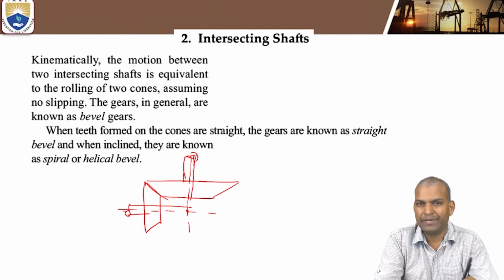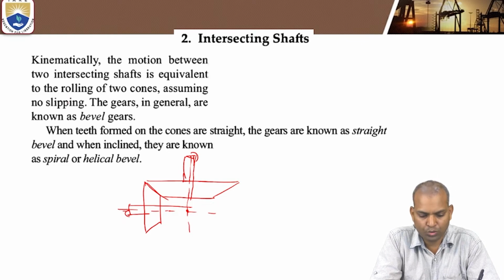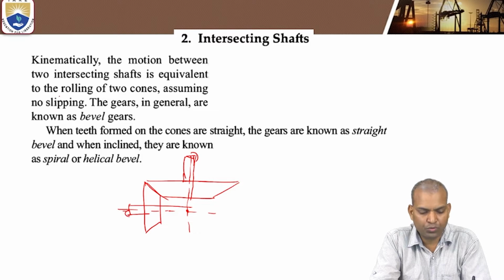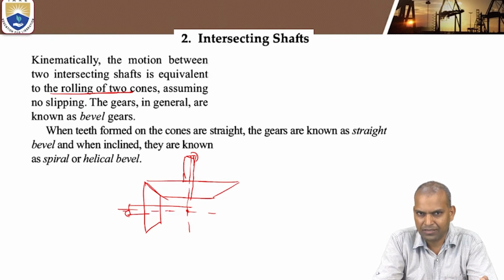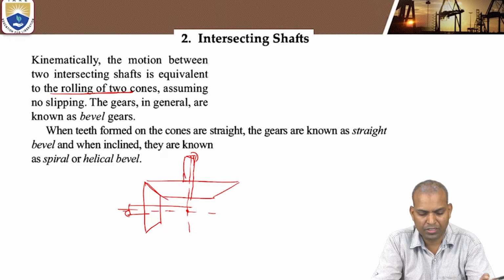Kinematically, the motion between two intersecting shafts is equivalent to the rolling of two cones. Assuming that no slipping takes place in this case, whereas in the case of spur gears and helical gears there is a chance of slipping, but here there is no chance of slipping.